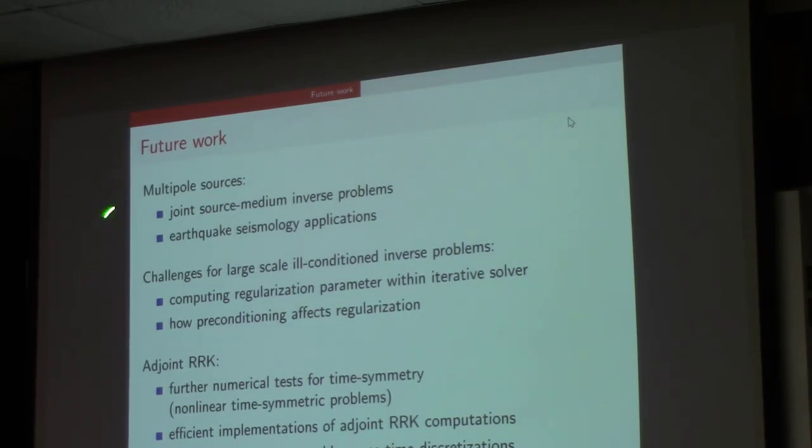And future work: implementing multiple sources. What if we did a joint source-medium inverse problem, earthquake seismology applications, further challenges in large-scale ill-conditioned inverse problems, and further work on adjoint relaxation and that kind of stuff.